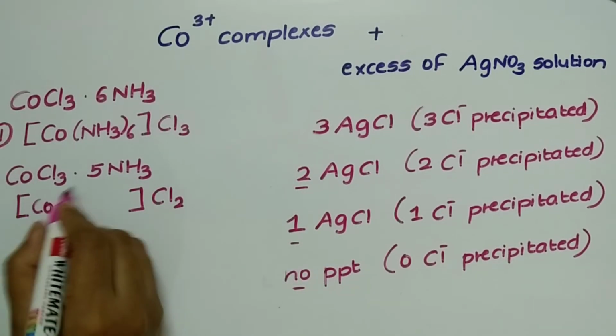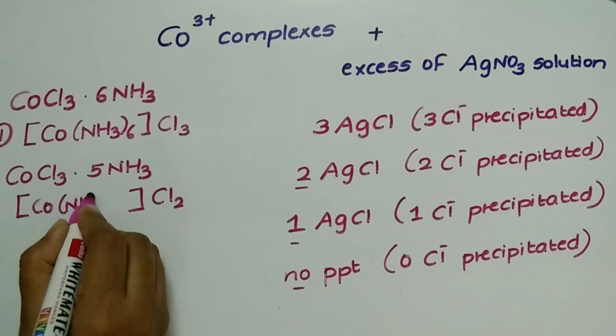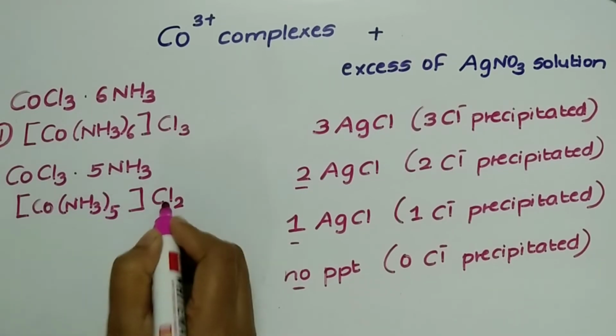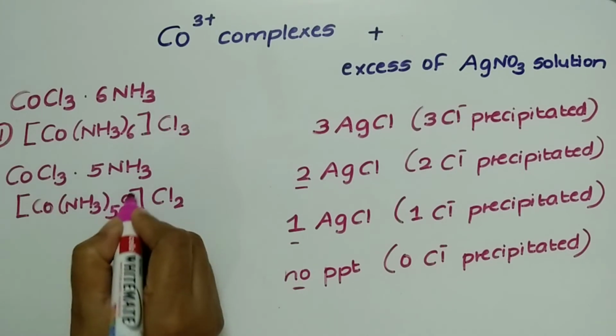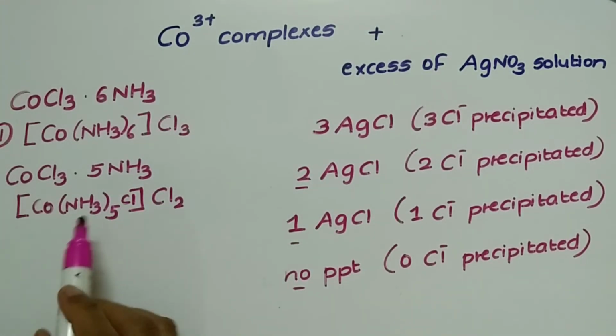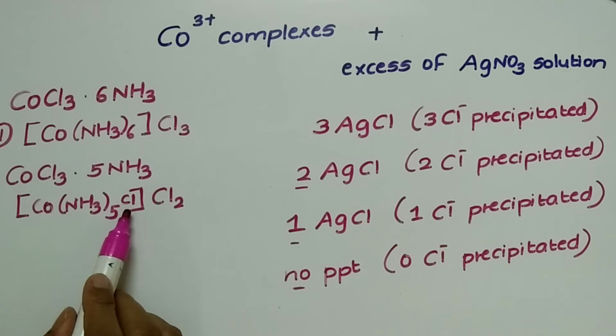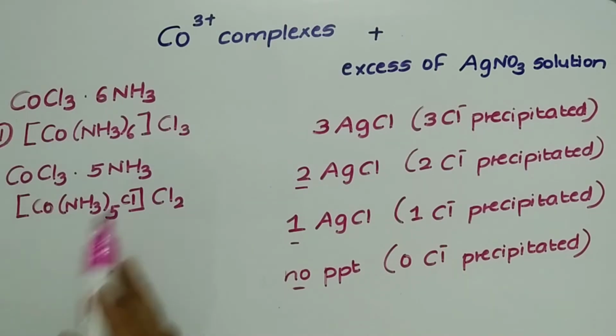Cobalt, NH3 5, the ligand. 2 Cl I have written outside, so how many Cl should I write inside? Only 1 Cl. This Cl is also acting as a ligand, which is inside the square bracket. Outside the square bracket, that is a counterion.